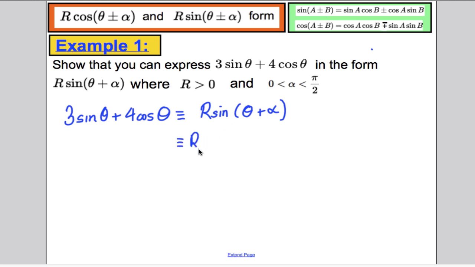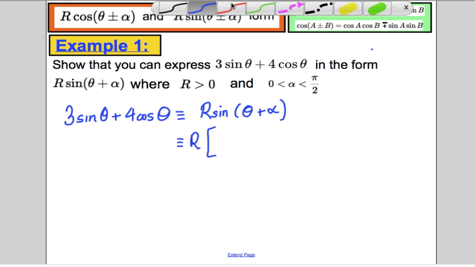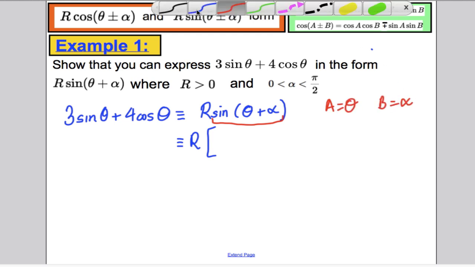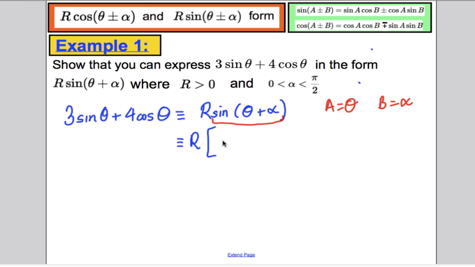I'm going to keep r out the front for now and expand this using the addition formulae. So just expanding this, with A the same thing as theta and B the same thing as alpha. And with a bit of luck we would get the following: sin theta cos alpha plus cos theta sin alpha.